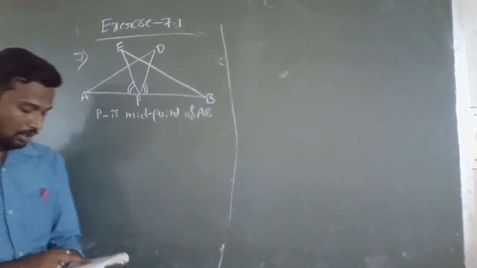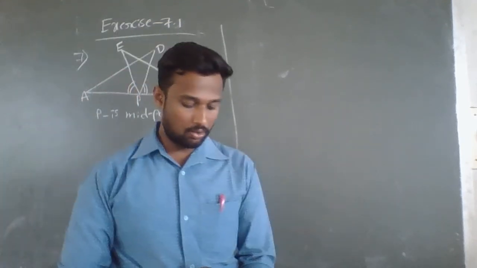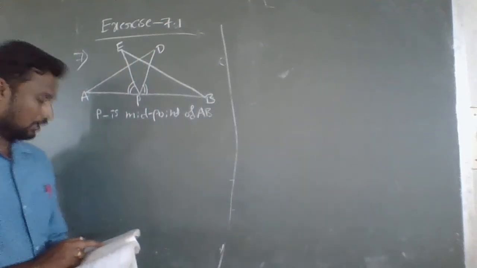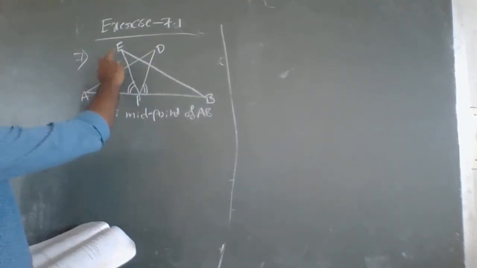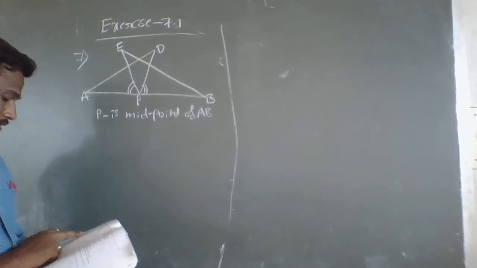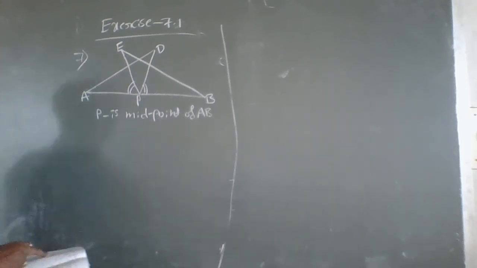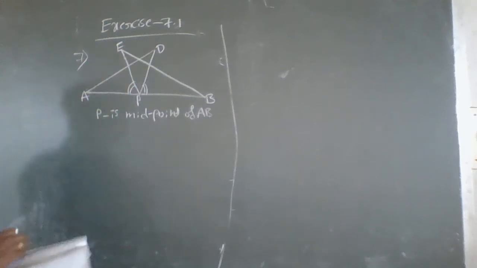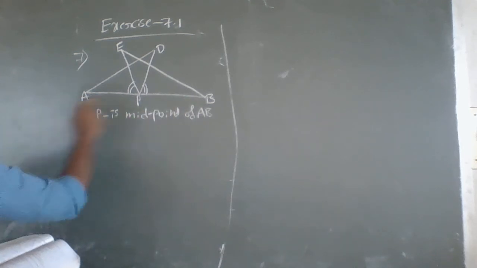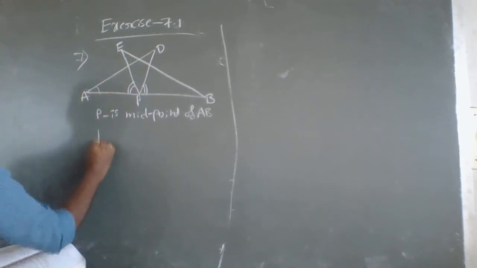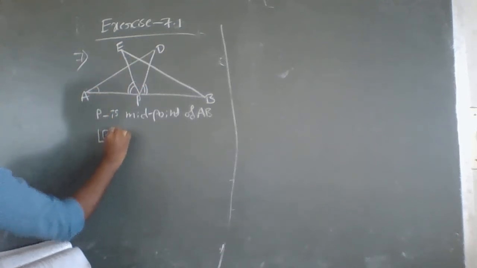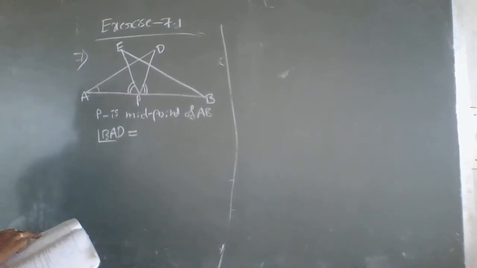D and E are points on the same side of AB. So D and E are on the same side of the line AB, such that angle BAD, means this angle, equals angle ABE.